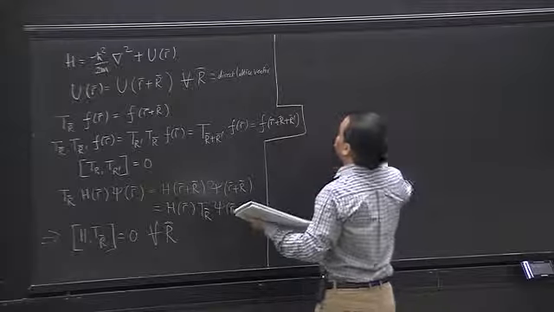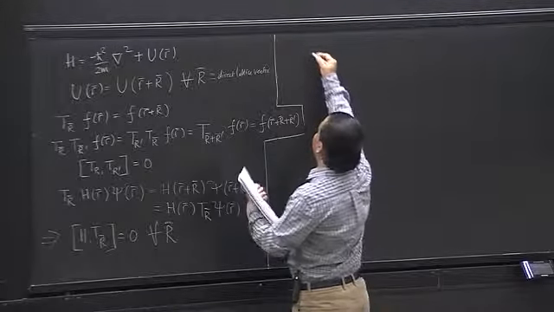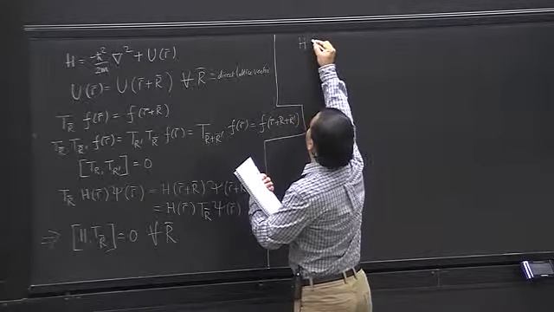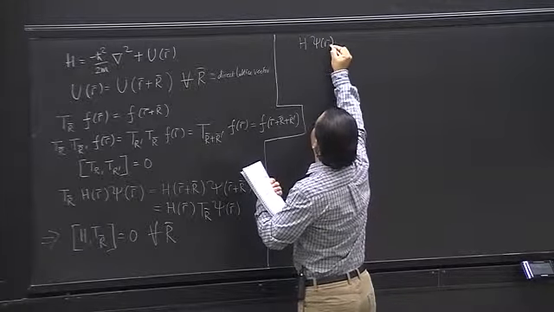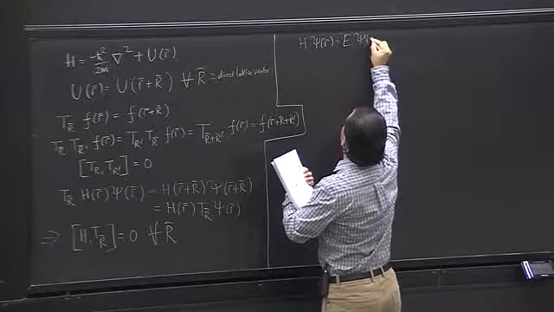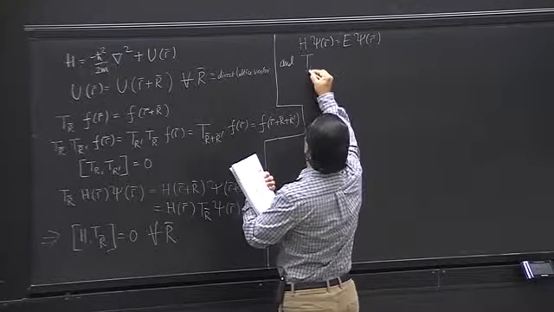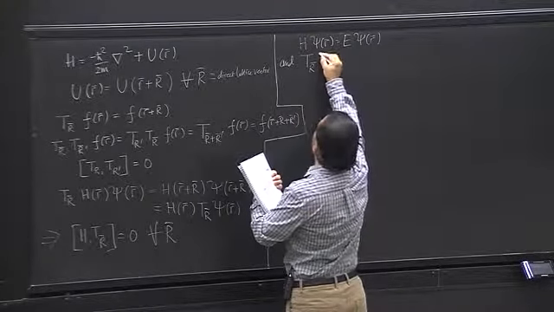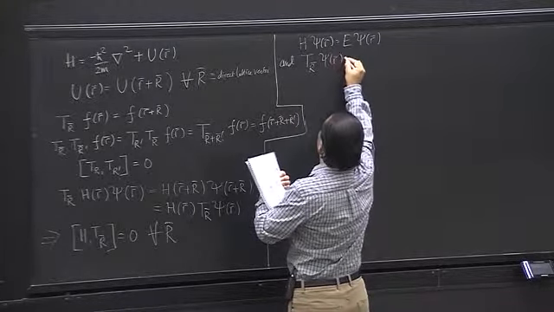So let's call these eigenstates psi. You have H psi of r equal to E times psi of r, and because these are simultaneous eigenstates of the translation operator, you have T of R psi of r equal to C of R times psi of r.